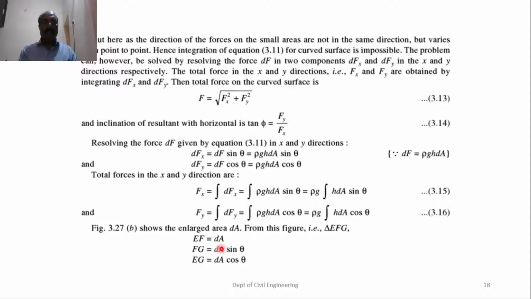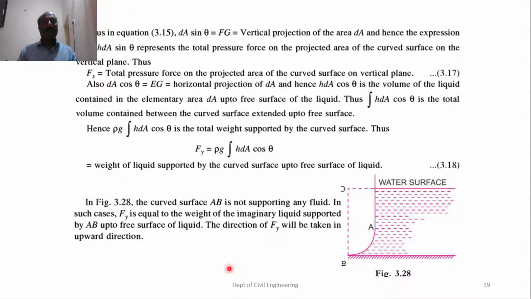Here EF is equal to dA and EG is equal to dA cos theta, as in the figure. Thus dA sin theta is the vertical projection area of dA, and hence the expression rho g into integral of H dA sin theta represents the total pressure force on the projected area of the curved surface on the vertical plane.